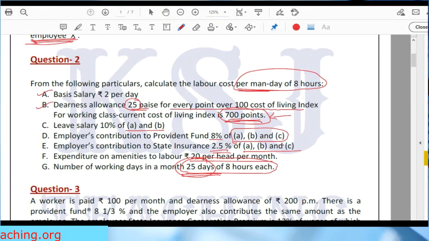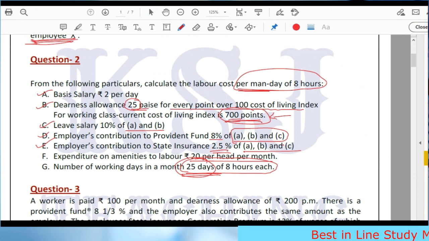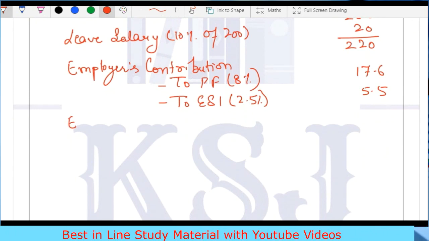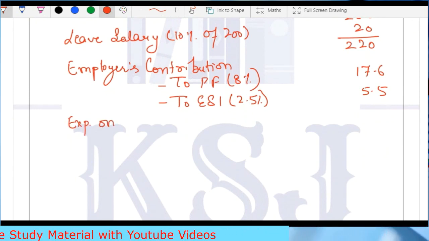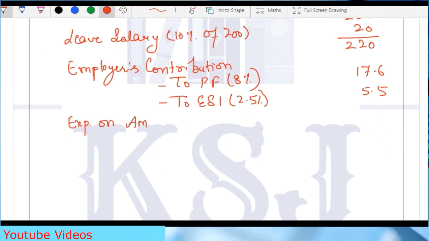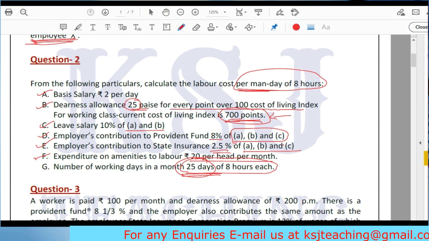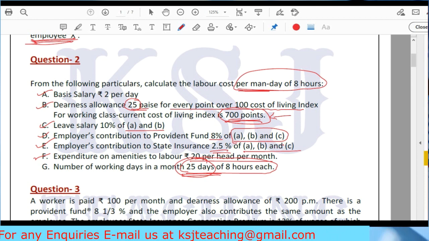So we are done with this and this. Now the expenditure on amenities to labor rupees 20 per head per month. So we have expenditure on amenities, 20. Any other thing to be included in the cost? No, nothing to be included in the cost.